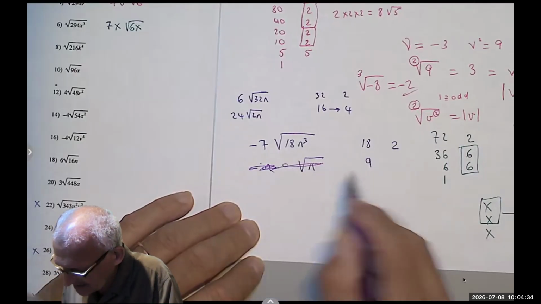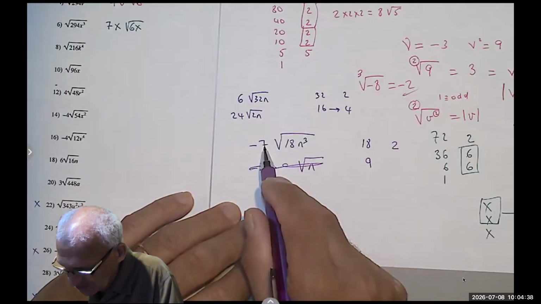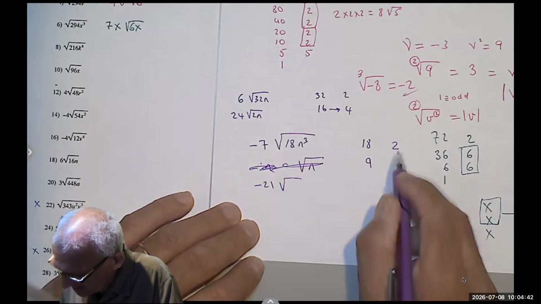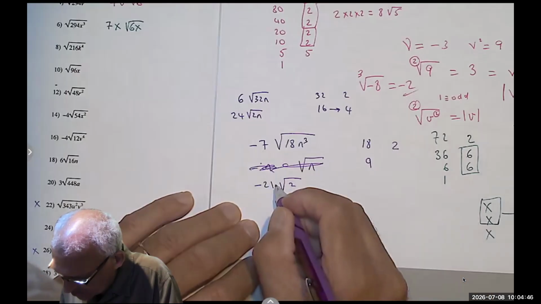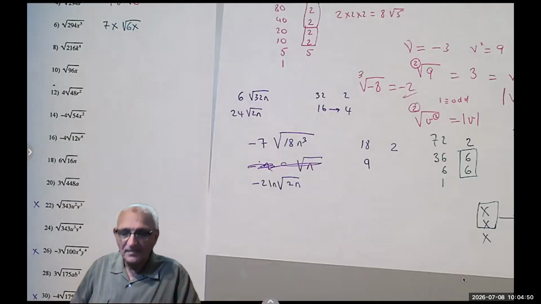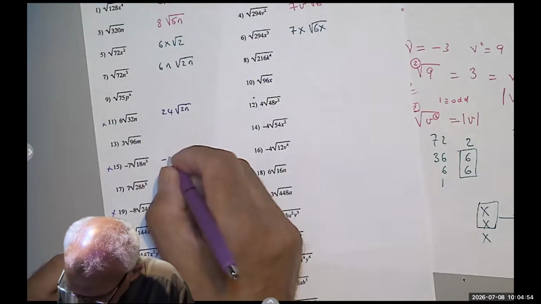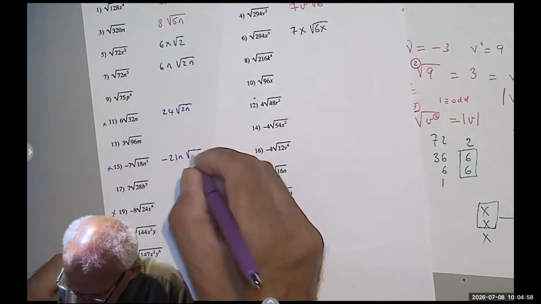So at the end of the day, I get 3 out. Times 7 is 21, but it's negative. So negative 21. I have 2 inside, n cubed. So n outside and n inside. This would be the answer. Negative 21n times the square root of 2n.